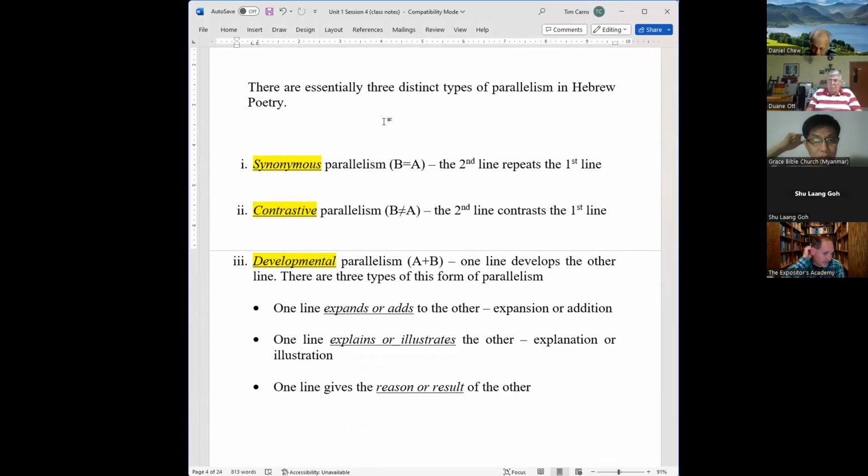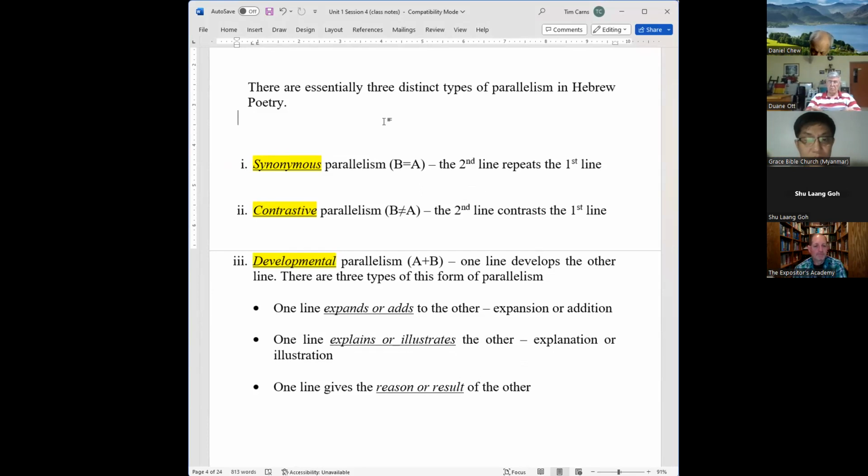I really see these three as sort of the major ones. Of course, we have synonymous, which is the second line repeats the first line. Not exactly, it's not exact repetition, but it repeats the same idea, maybe uses synonyms or other words that have a similar meaning. So each line connects in that way, and they will be grammatically parallel as well.